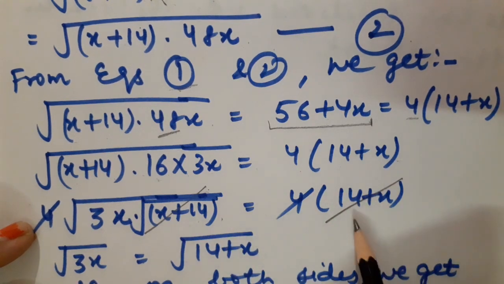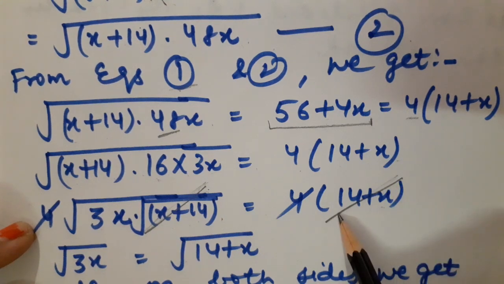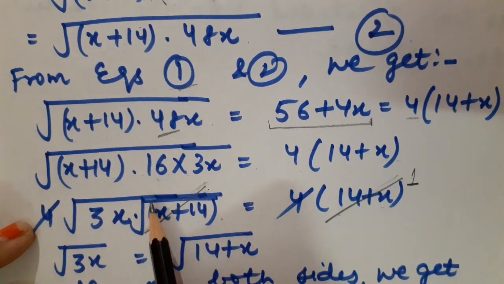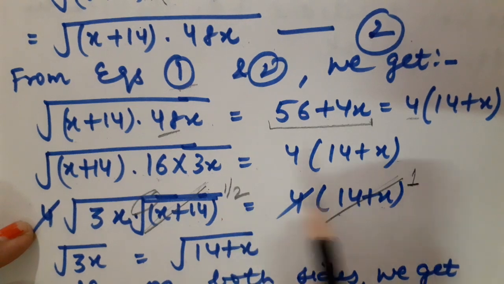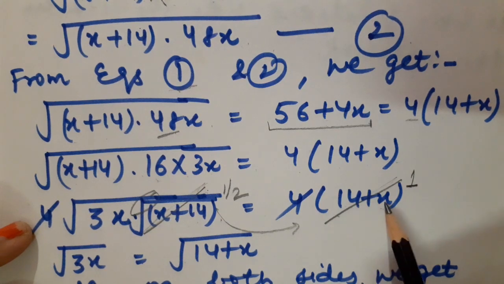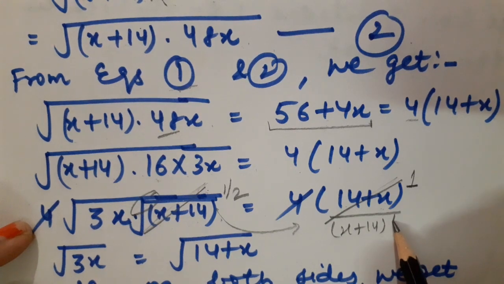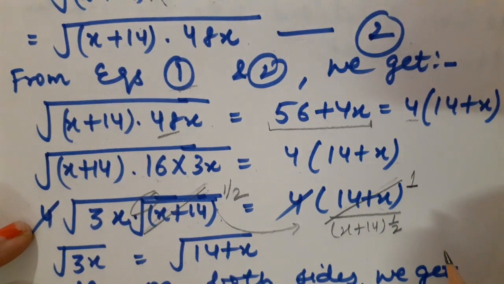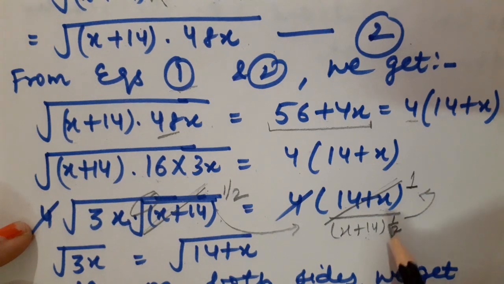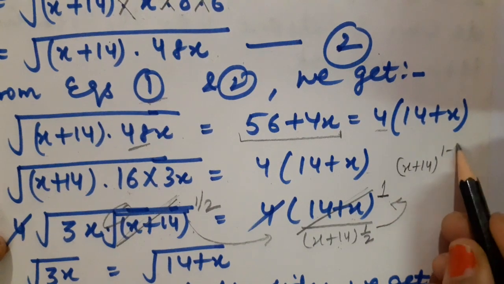Correct children. Here this is also 14 plus x. So root x plus 14 and here x plus 14. This is one time occurring and under root means half time occurring. So if I bring it on the right hand side, it would become 14 plus x upon x plus 14, or I can call it 14 plus x divided by half. Correct children? Fine. And if I take it on numerator place, as you know, when bases are same, it would become x plus 14 to the power 1 minus half.